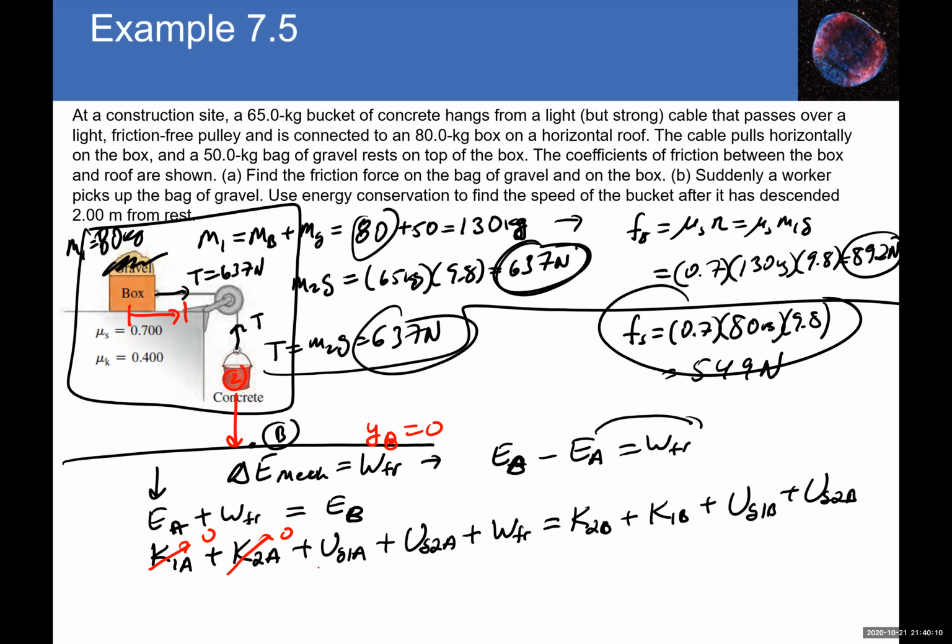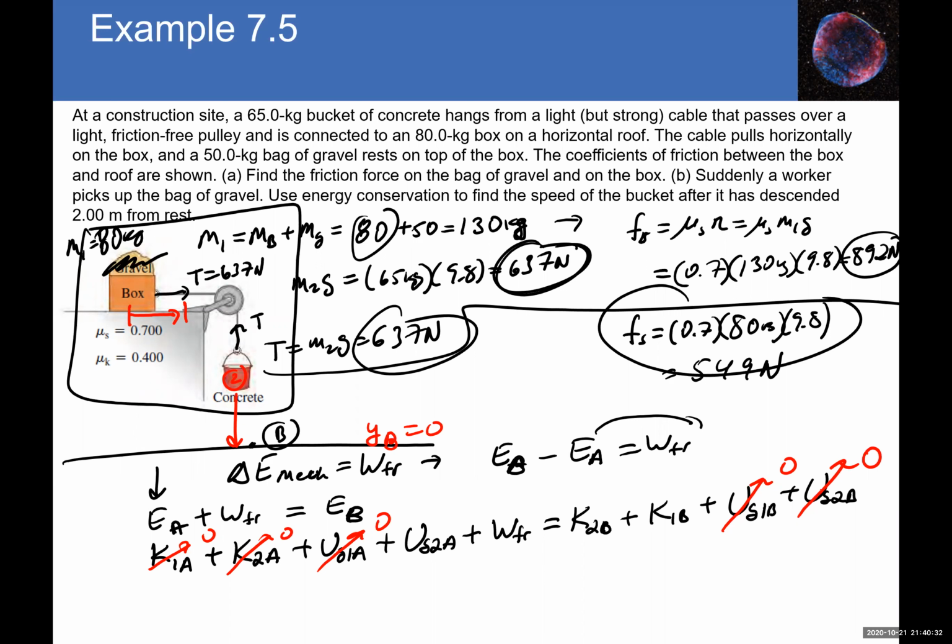That means those two values are the same, so I can get rid of them because there's no change in gravitational potential energy for the box. The concrete undergoes a gravitational potential energy difference. It has a height difference, and point B is zero, so this guy here is zero.